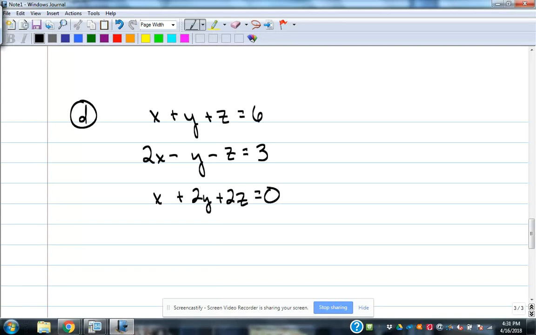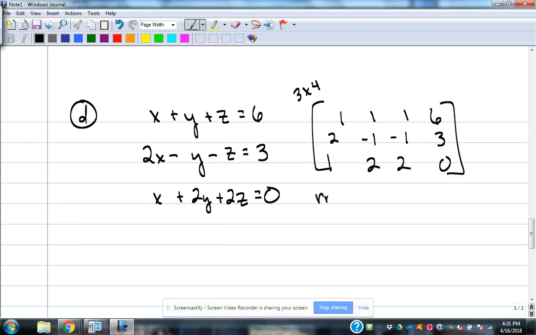There's our system. 3x4 matrix. 1, 1, 1, 6. 2, -1, -1, 3. 1, 2, 2, 0. We have that system.